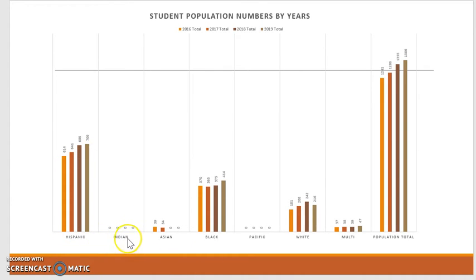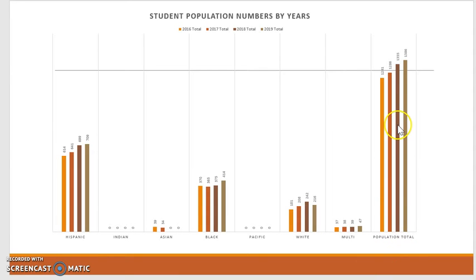There are less than 15 students of the Indian population, not enough to be counted. There's been a decrease in the Asian population. The Black population has also increased, and the white population has actually started to drop between 2018 and up till this year, 2019. Multiracial students is a very small number, but has increased a little bit.